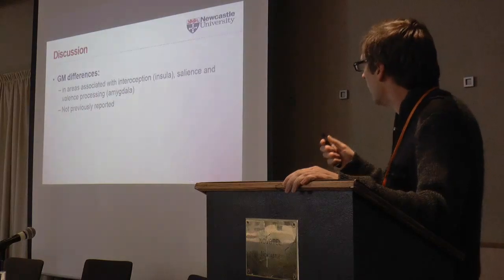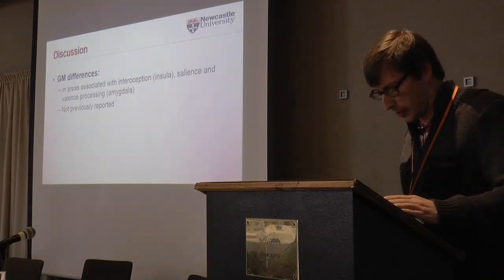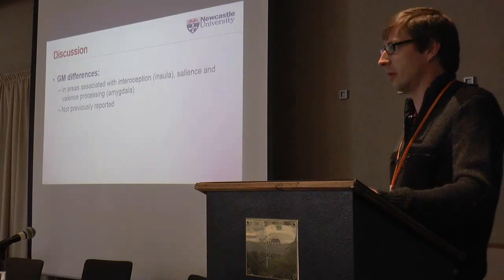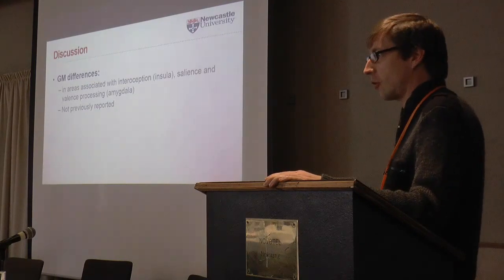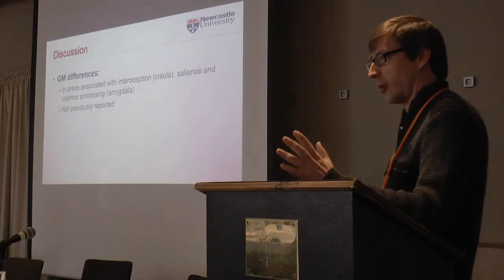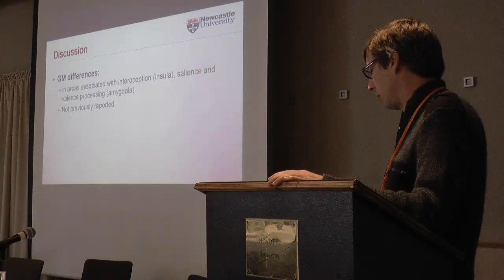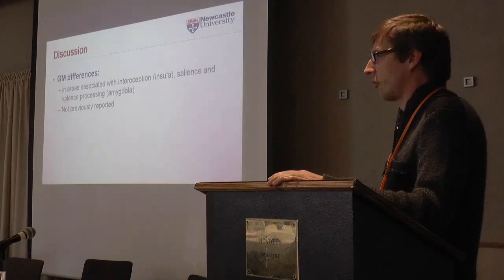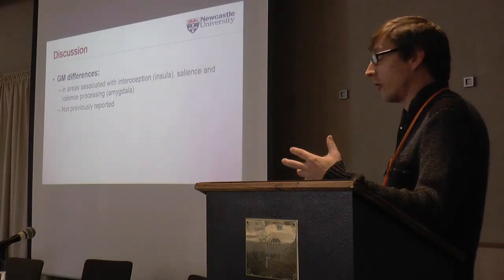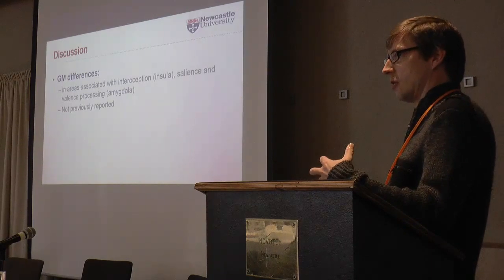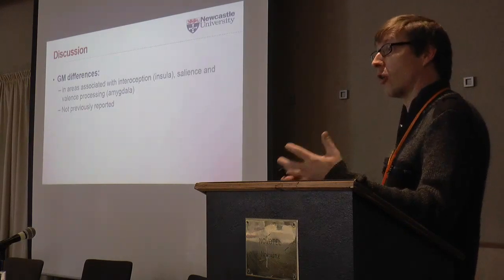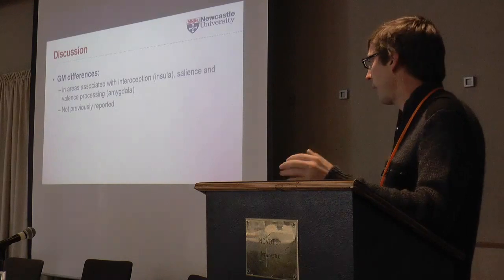So what does that all mean? In terms of the gray matter differences, those are areas that we would typically associate with interoception, the perception of internal signals, specifically the insula, and also with the processing of salience and valence, judging stimuli and whether they are important and whether they are good or bad for you.